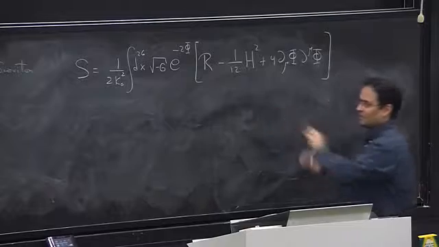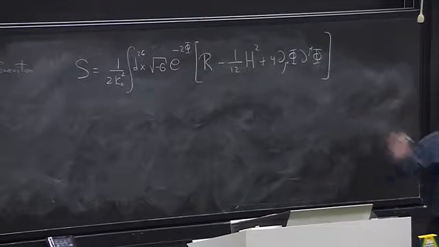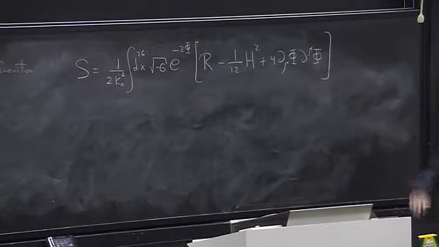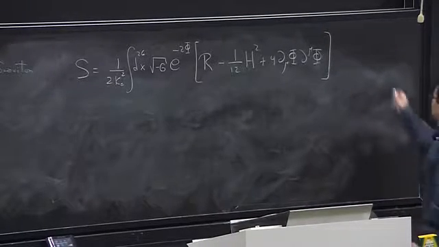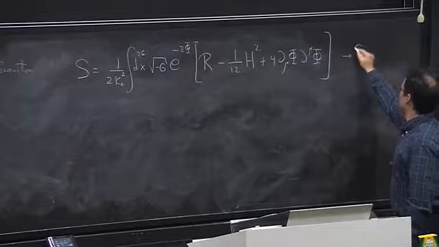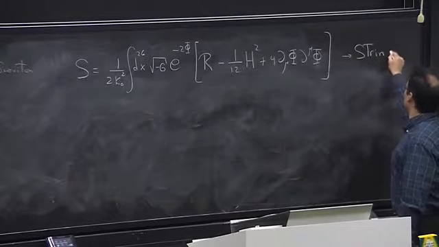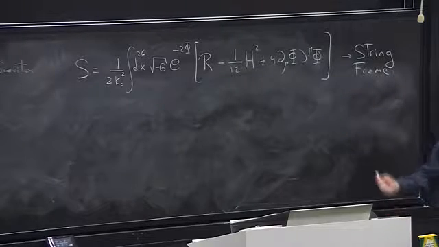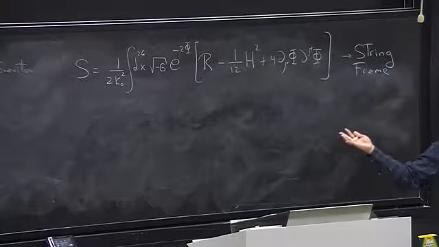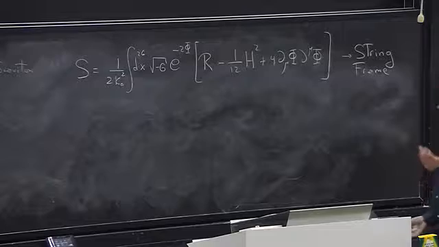Well, but you see, that's the thing that comes naturally from the equations of the string worldsheet being conformal. So people call this form of the metric a string frame. Even though there is nothing that looks stringy, this just looks like a regular action.